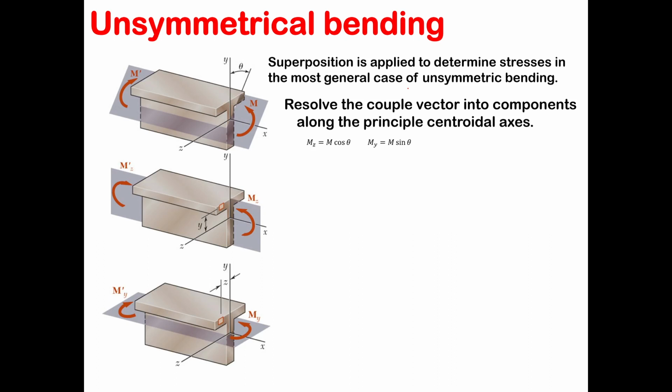Then you find the component of that moment in this direction, and the component of moment in this direction, using cosine and sine functions. Which means that your Mz is going to be equal to M cosine of theta, and My is going to be equal to M sine of theta, and then you have transformed your unsymmetrical bending to two symmetrical bendings.